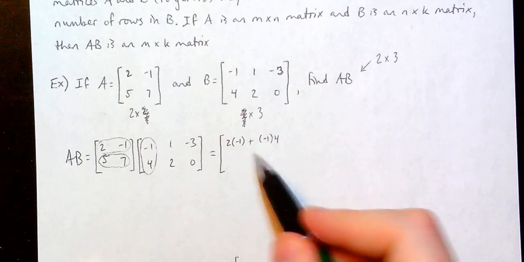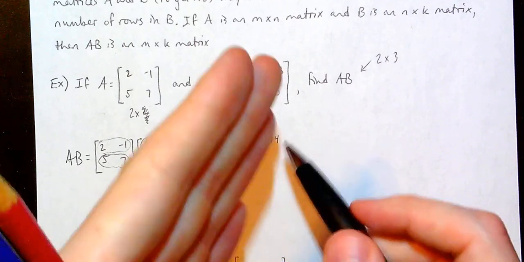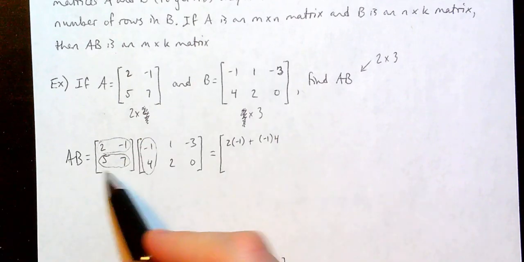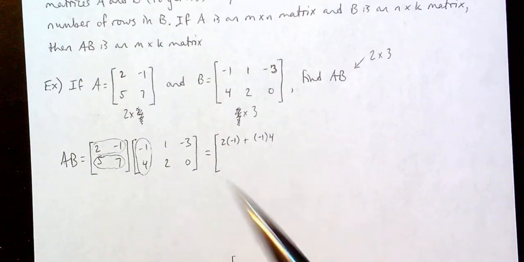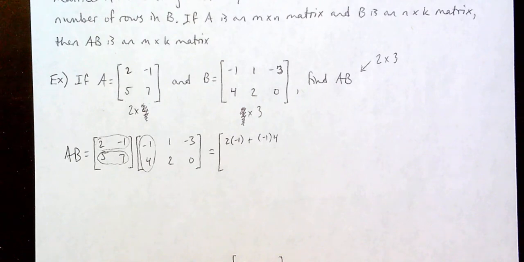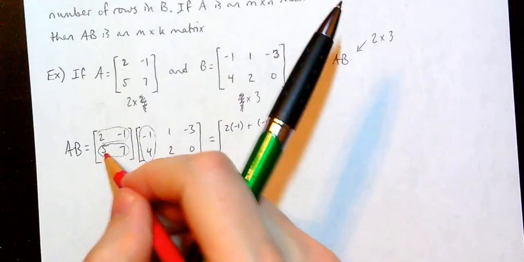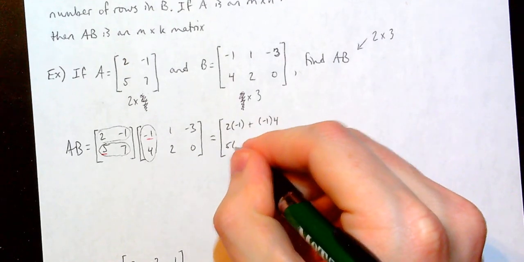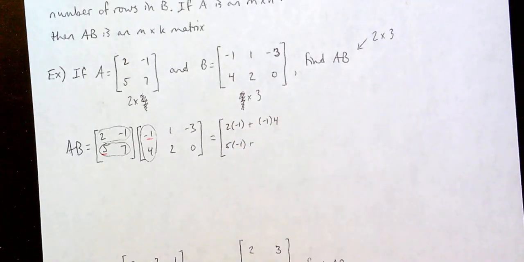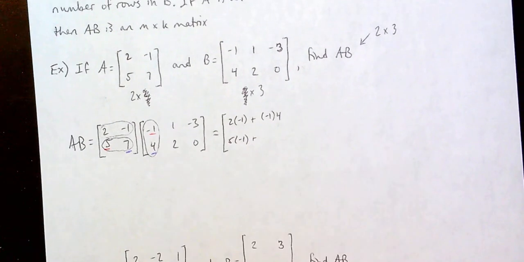So in the product matrix, you're thinking ith row, jth column, ith row of first matrix, jth column of second matrix. And once again, I'm going to take the product of the first guys, so in this case 5 and -1, plus the product of the second guys, 7 and 4.